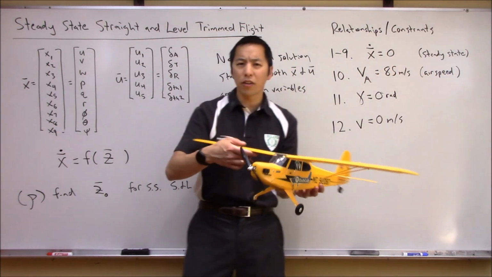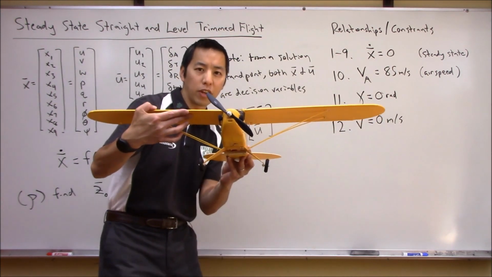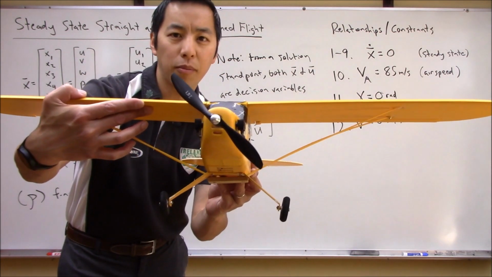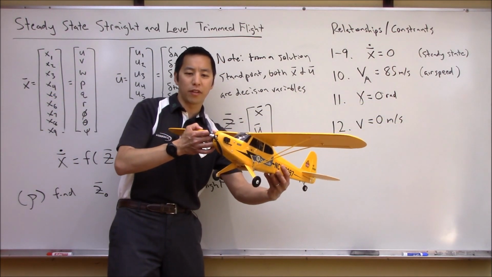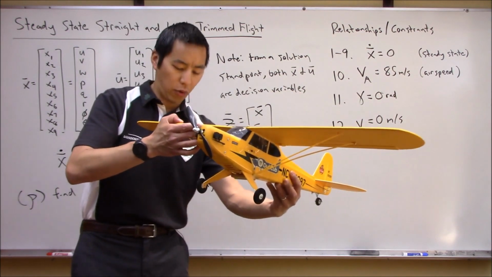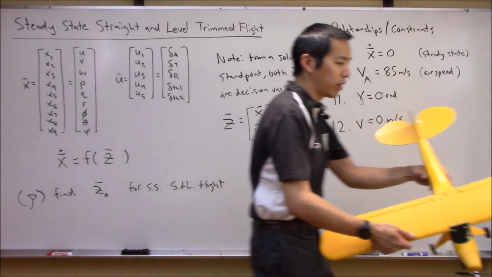So I guess this is kind of hard to see. Maybe I'll do it into the camera, right? We want an action like this, where it is just flying and coming straight at the camera or straight in space. We don't want it where you're crabbing off to the side and the aircraft is going something like this in a severe side wind, right? Or crosswind. We don't want something like that.